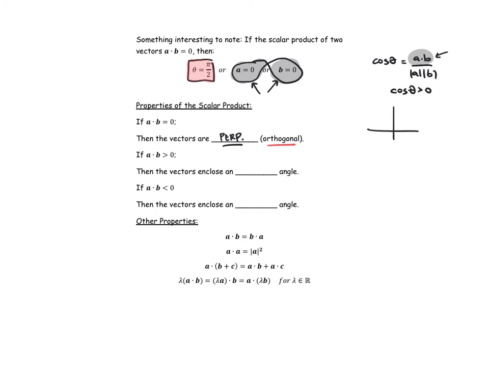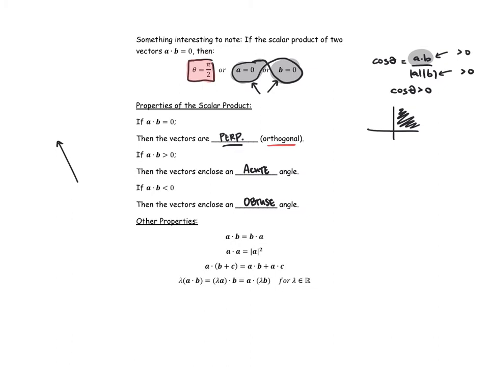So if A dotted with B is greater than 0, we already know that the magnitudes' product will be greater than 0, and therefore the cosine of theta will be greater than 0, which means that the angle will be in quadrant 1. Therefore, if A dotted with B is greater than 0, then the vectors enclose an acute angle. Okay. The opposite for if A dotted with B is less than 0, then we get an obtuse angle between the vectors.